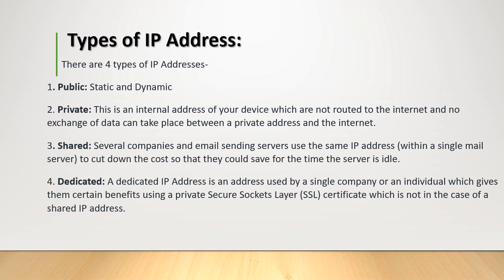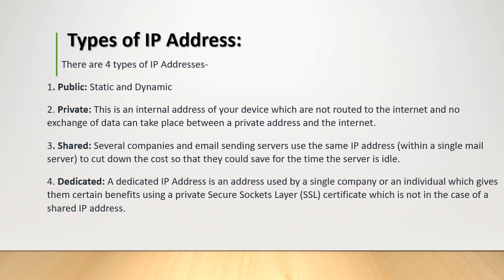Either that is static or dynamic. If they provide static, it's constant, that IP address never changes. Dynamic means it has a lease life, like a week or 10 days. Every 10 days, a month, or a week, it keeps changing the IP.